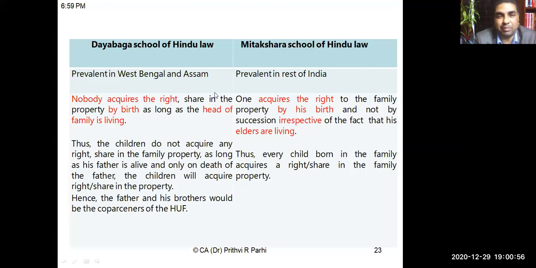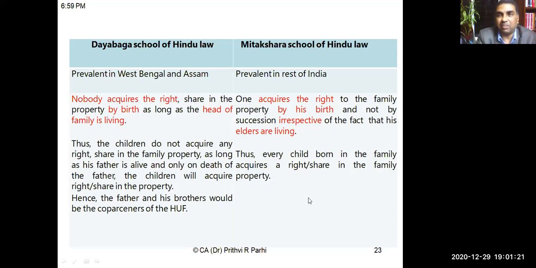So long as the head of the family is living, nobody has a right to share the property. Whereas in the Mitakshara school of HUF, one acquires the right to the family property by his birth, irrespective of the fact that his elders are living. So that is the difference.